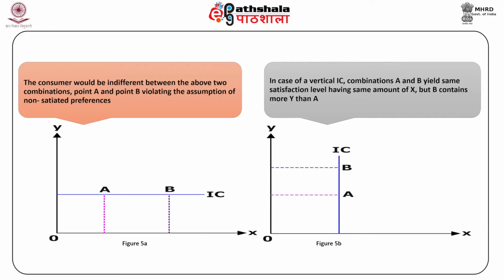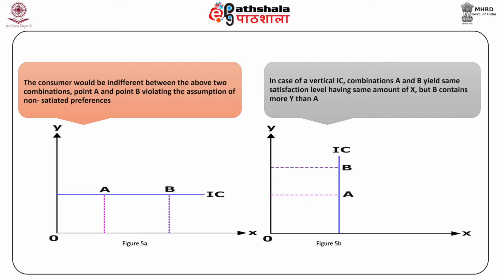The situation is illustrated in figure 5a. Now you can see figure 5a and b. In figure 5a we have a horizontal line, and in 5b we have a vertical line.